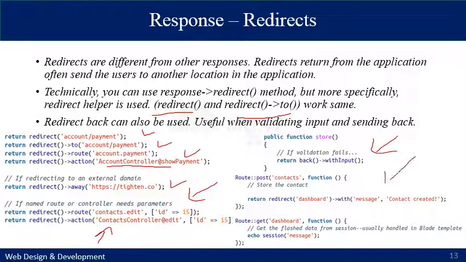This also shows the same process, but it redirects to a dashboard page with some message and contact created information. And finally, if you want to simply show some message, you can flash a message to a session, and you can use the session variable in the blade templates to view your message.